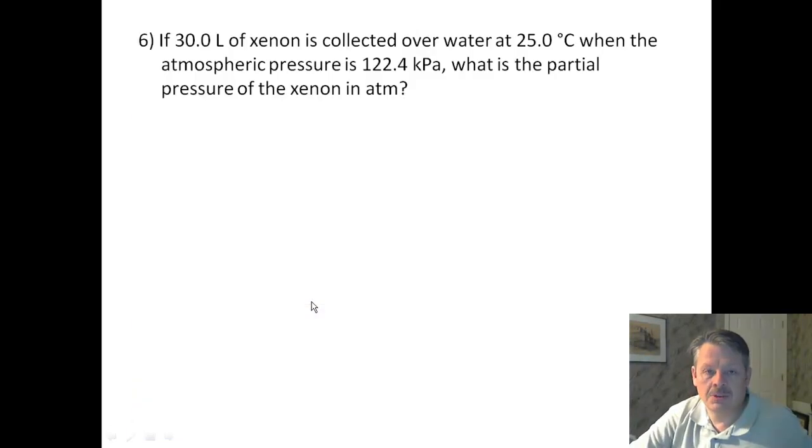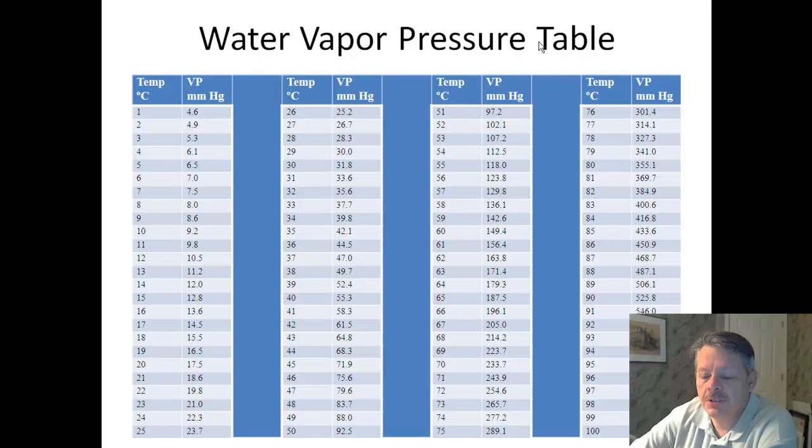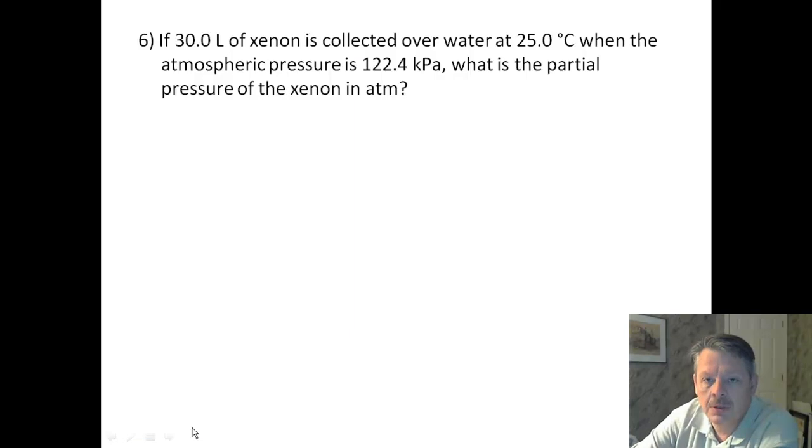All right, and here's number 6. This is our last one. I have 30 liters of xenon collected over water at 25 degrees Celsius. Well, let's look at what 25 degrees Celsius is. It's all the way down the bottom of the page here, and it's 23.7 millimeters of mercury.